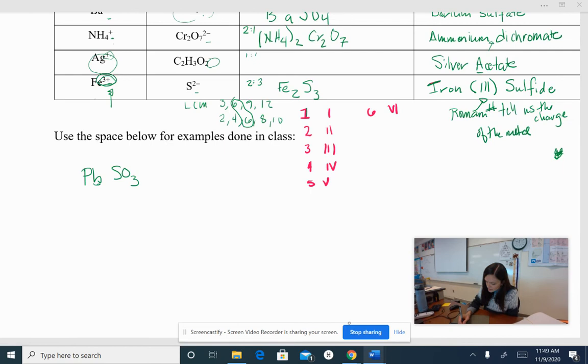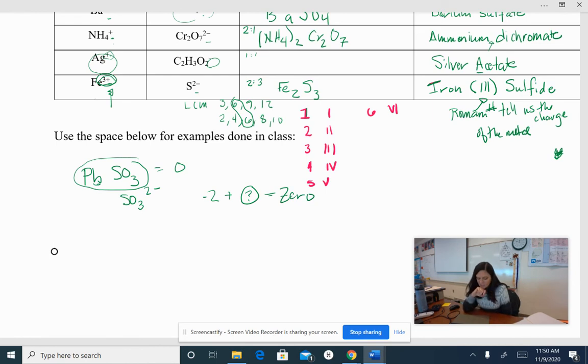So let's look at this. SO3 is a -2. This whole thing, PbSO3, has to add up to 0. So -2 plus what equals 0? Hopefully you said a +2.